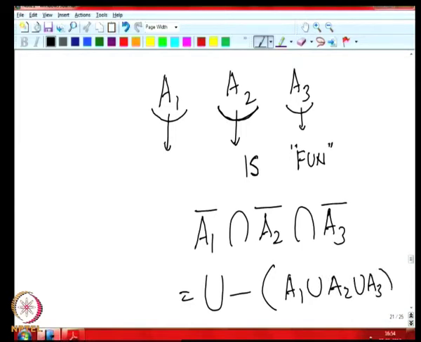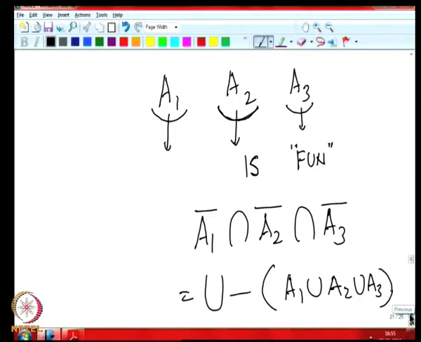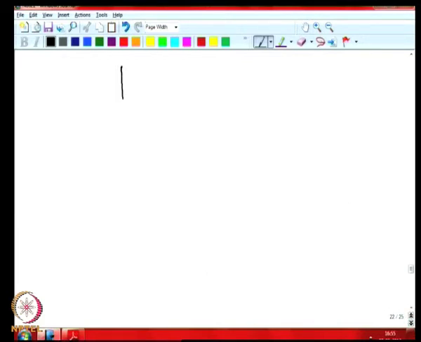If that is what we are looking for, then we can apply the inclusion exclusion principle using this formula.